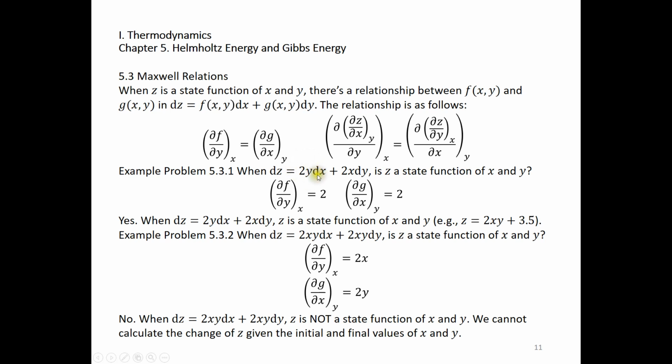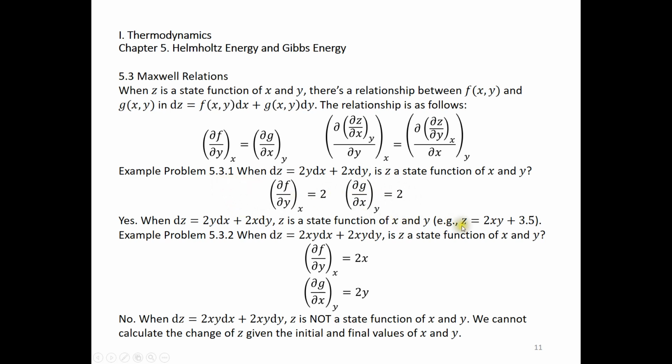This 2y is in front of dx. We take its first derivative with respect to y. We get 2. We then take the first derivative of the function in front of dy with respect to x. We get 2. And this 2 is equal to this 2. Yes, z is a state function.